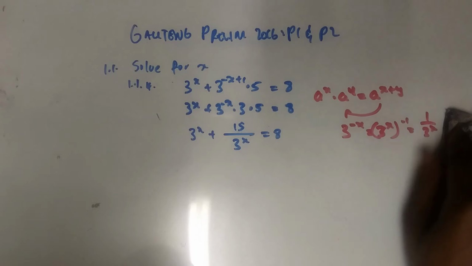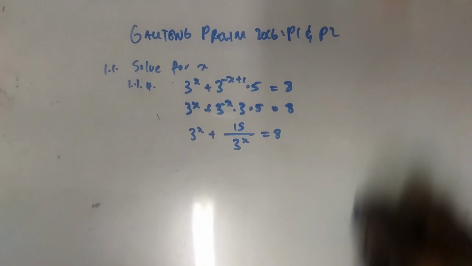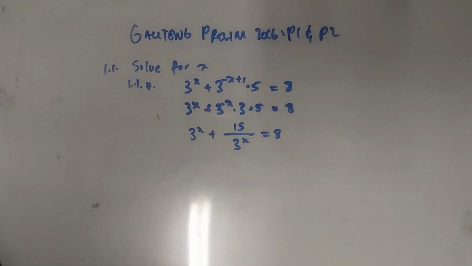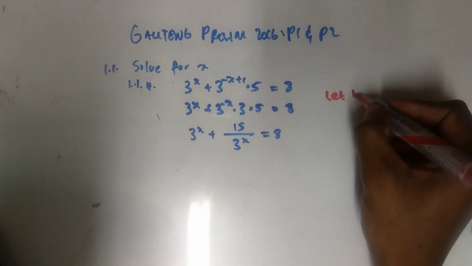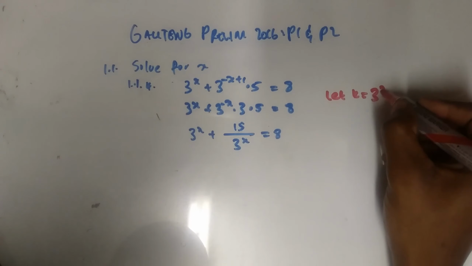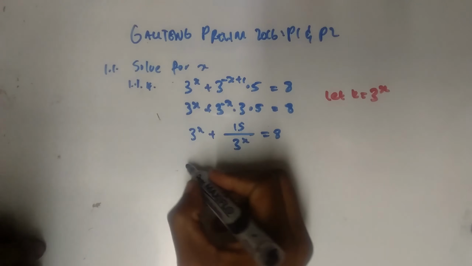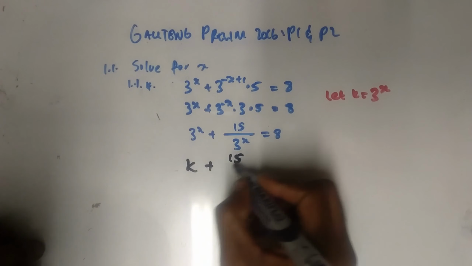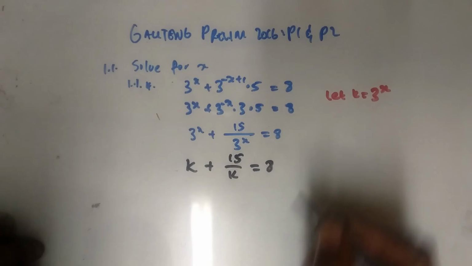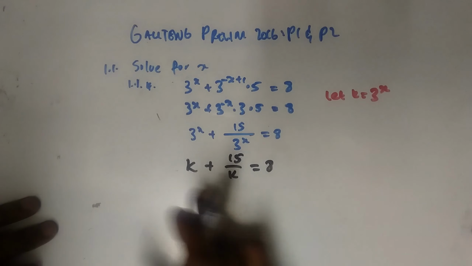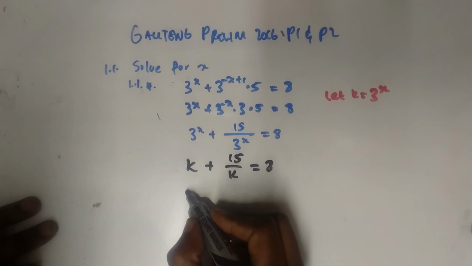Once I have a question of such nature, I usually say let k be equal to 3 to the x. Wherever I say 3 to the x, I'm just going to substitute k. So I'm going to have k plus 15 over k is equal to 8. I'm going to transpose the 8 and multiply each and every term by k.